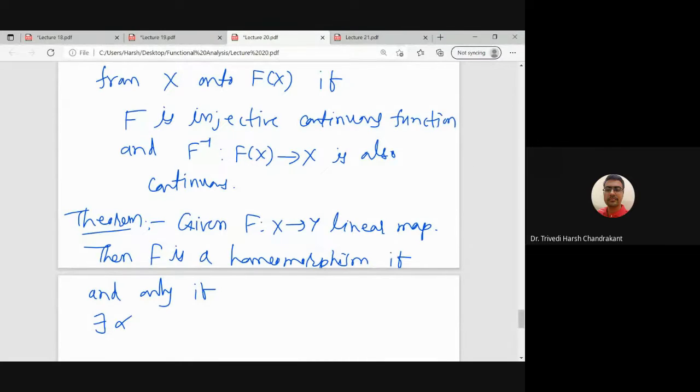In continuity we take that norm of fx is less than or equal to alpha times norm x, but here there are two positive numbers, alpha and beta.